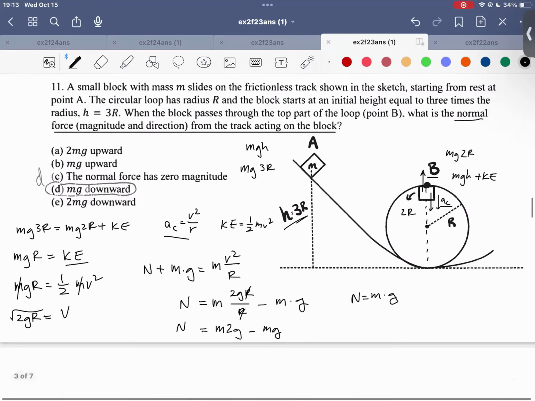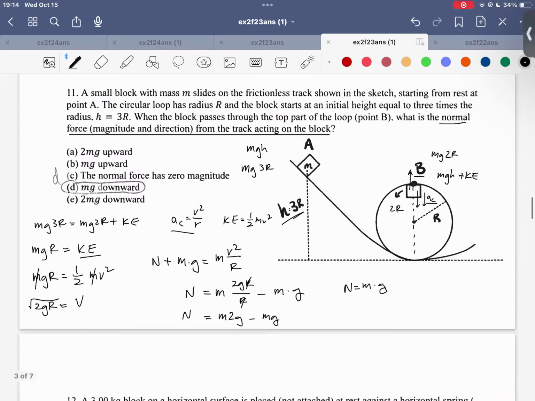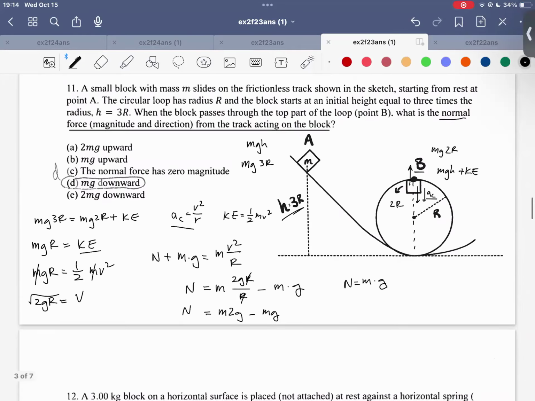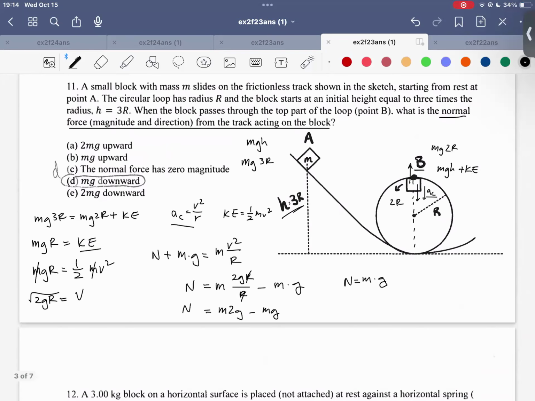But in terms of explaining it, I feel like these are kind of hard to explain. But yeah, so that's 11. We'll look at one more of these just so that they make a little bit more sense. But I feel like these are probably one of the harder questions on this exam.